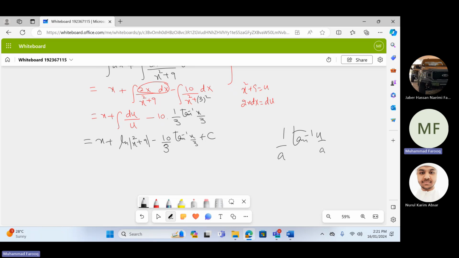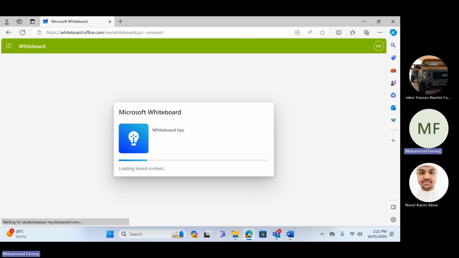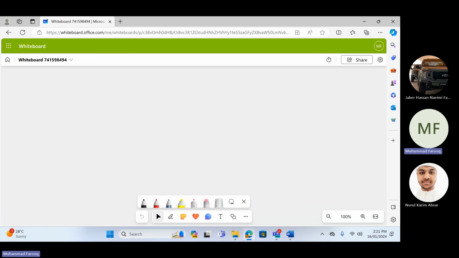Okay, let's start, please. As I told you, in chapter 8, section 8.1 is only the review of all the integration techniques which we have done already. Nothing new in 8.1.